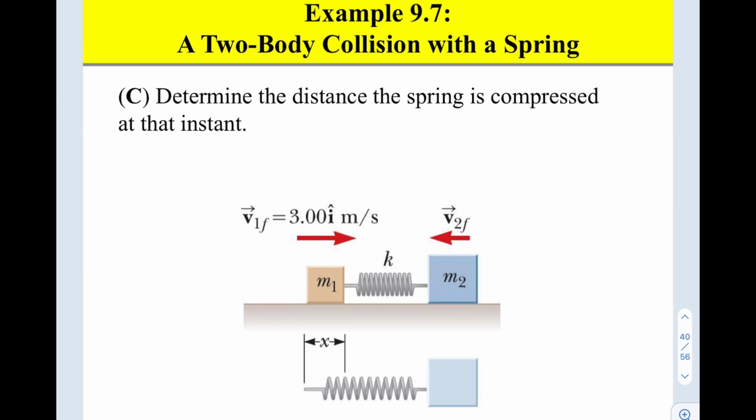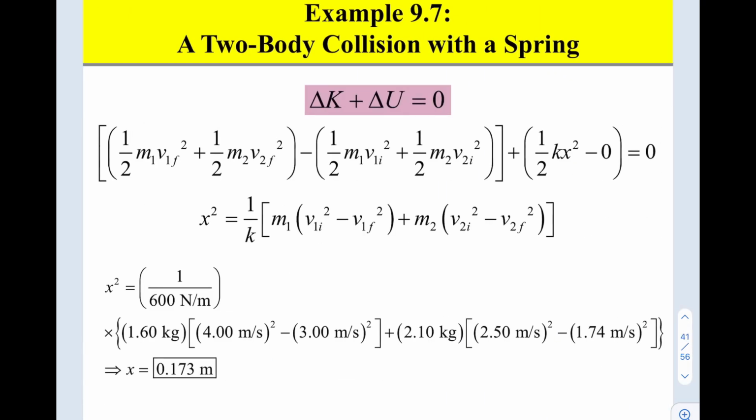C, determine the distance the spring is compressed at that instant. So by using delta K plus delta U equivalent to 0, there is no delta E internal for this case. There is no friction considered.